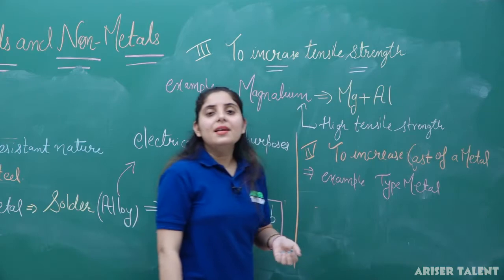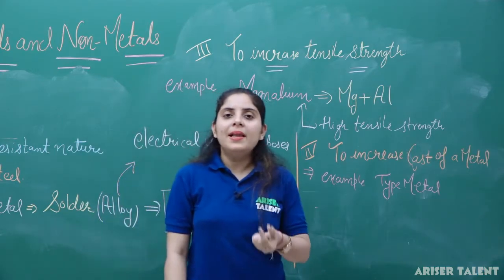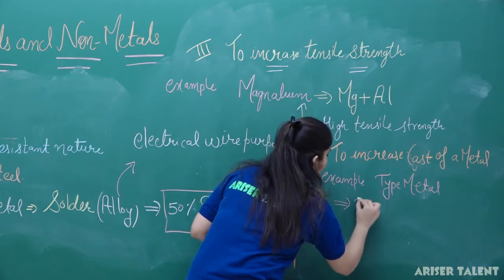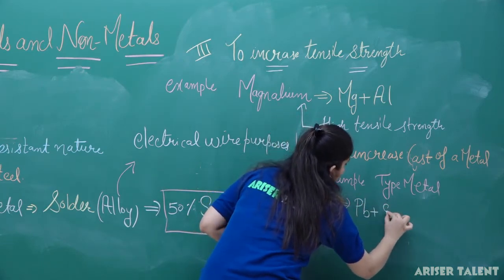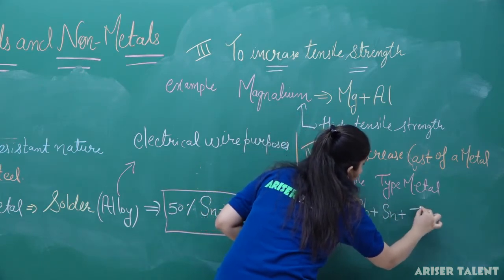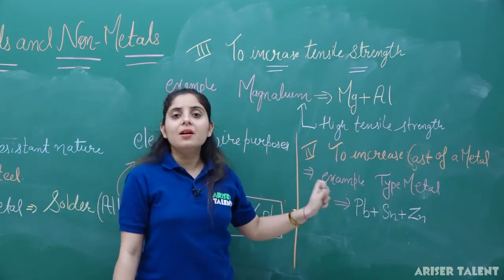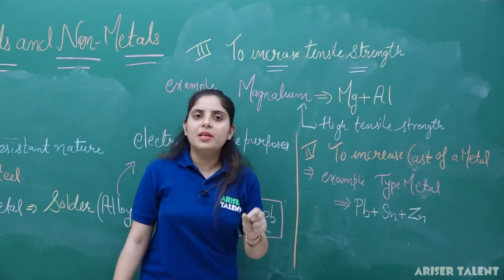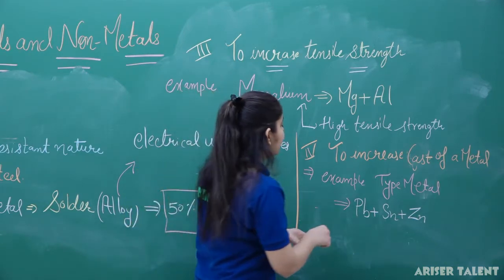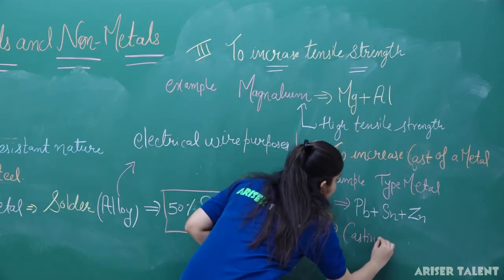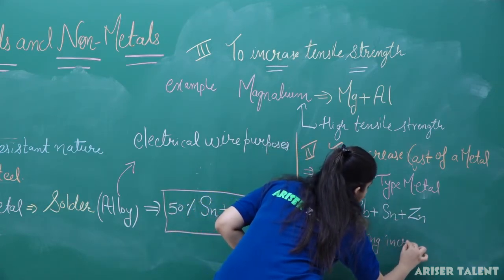This type metal is actually an alloy of lead, tin and zinc. In this type metal, we are having a casting appearance. The casting appearance of an alloy is going to increase. So what is its benefit? Casting increases.